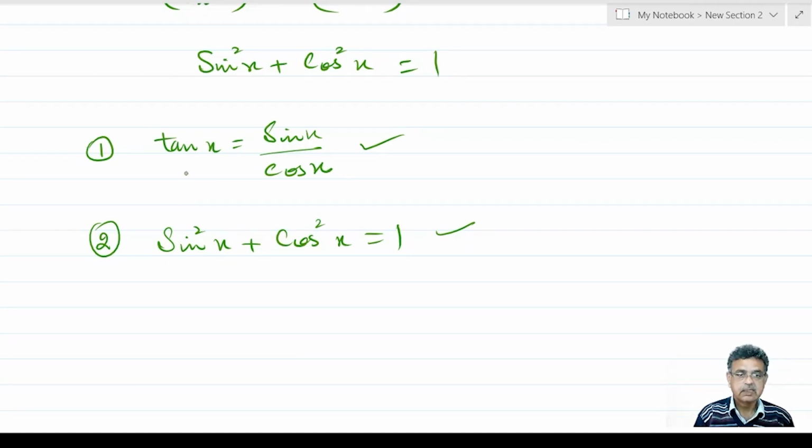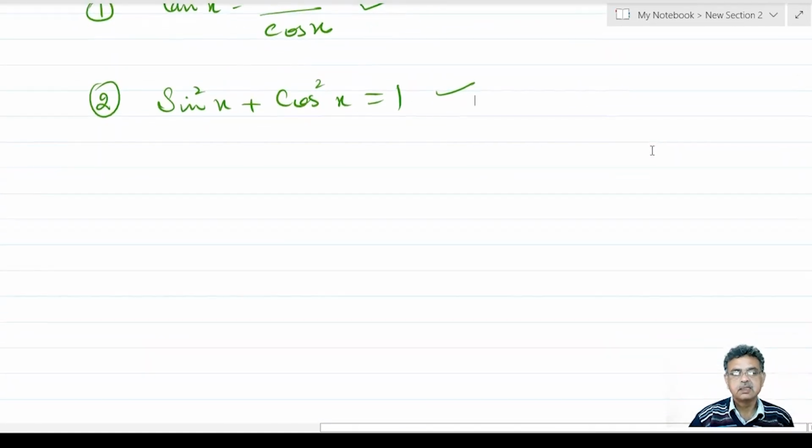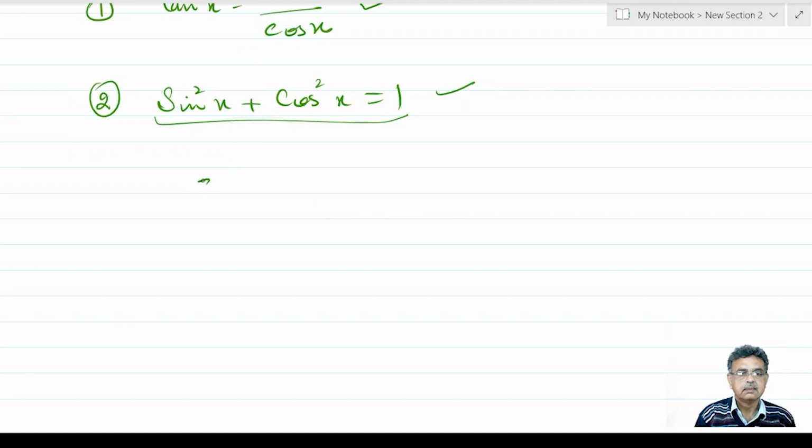Now look, what happens is that sometimes this identity, especially this one, can be written in some other form like sin square x is equal to 1 minus cos square x.